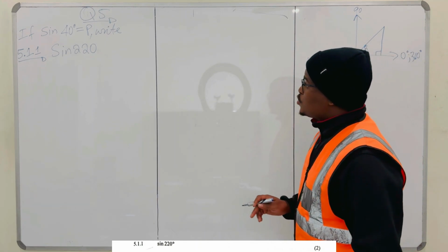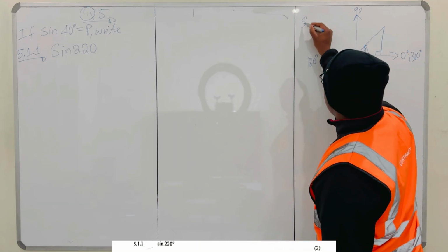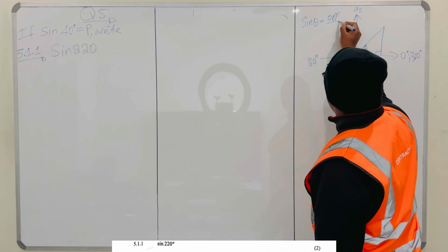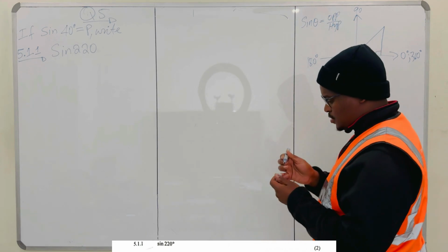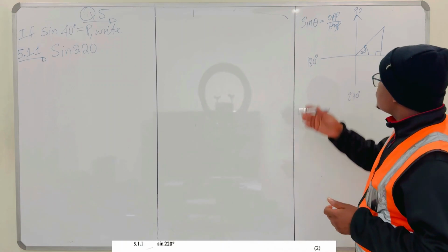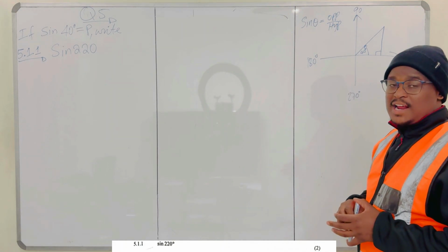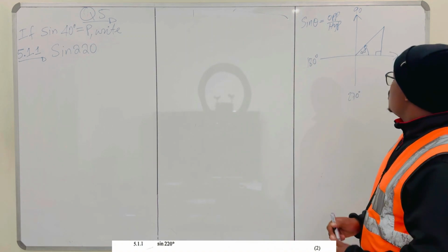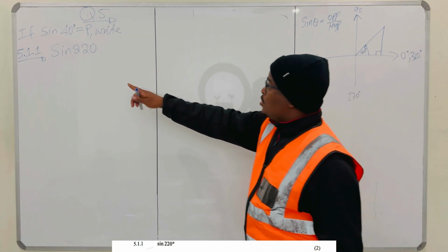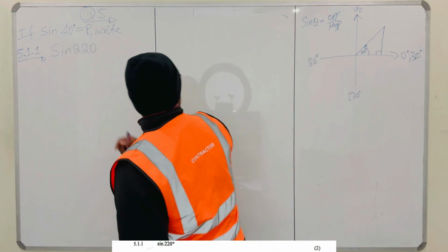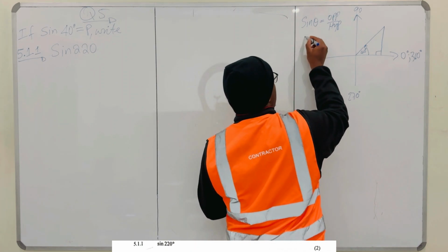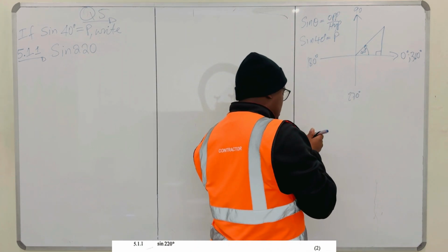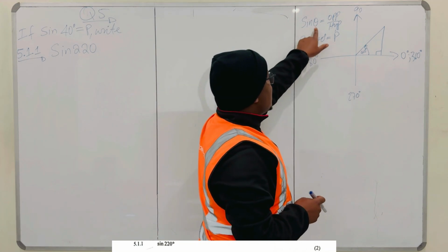No problem. So you know very well that sine theta is expressed as opposite over hypotenuse. If you are working on a right-angled triangle, it's the opposite side over the hypotenuse. In that case, you are given that sine 40 degrees is equal to P. So your theta is your 40 degrees.